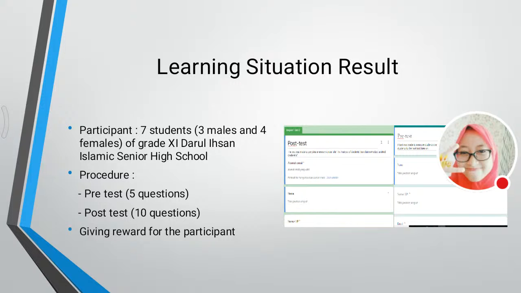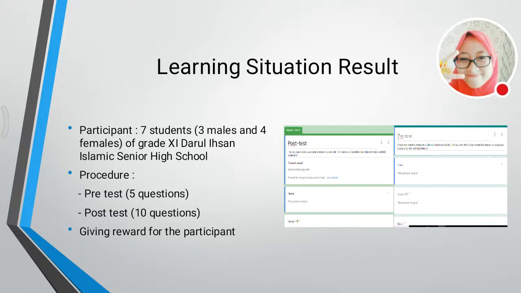Talking about the learning situation result. After designing the materials, the questions for the students, I took participants from 7 students, consisting of 3 males and 4 females of grade 11 of Darul Ihsan Islamic Senior High School, whom I chose because they are part of a language section of the students' organization, namely OSDI.